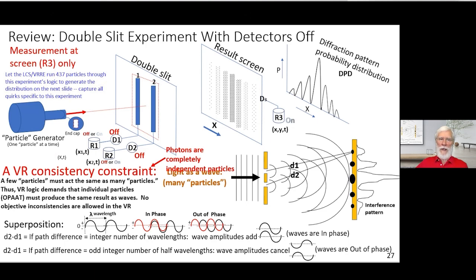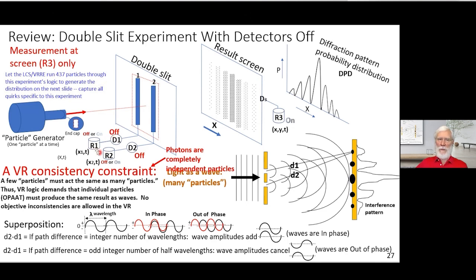In other words, everything in this experiment has logic, things that it does. The logic of the particle generator is it makes particles, and you can turn up how many particles per second it makes. The detector has the logic that it can tell when something goes through the slit. The recorder has the logic that it will remember whatever was detected.